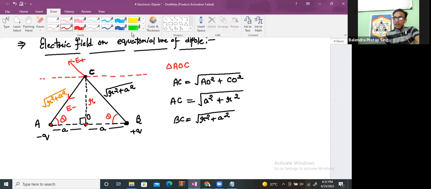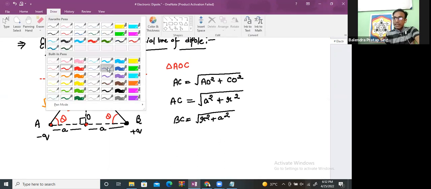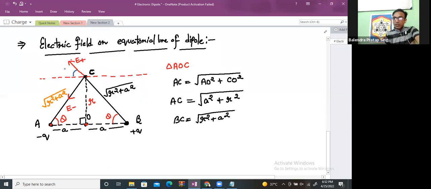Let me use different colors so that you can get a clear idea. This angle is also theta. Now if I resolve this electric field E plus into components, then E plus has two components. See, the blue one is your E plus. What's the component? It's a vertical component.